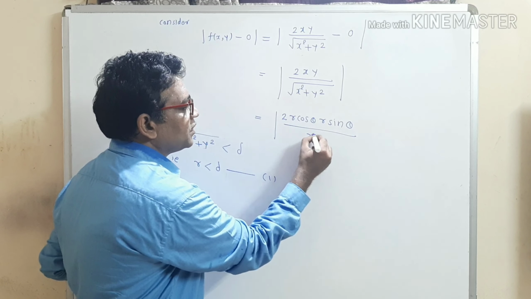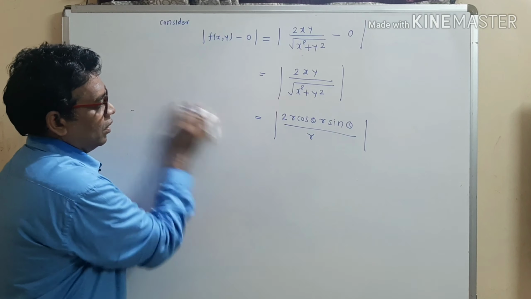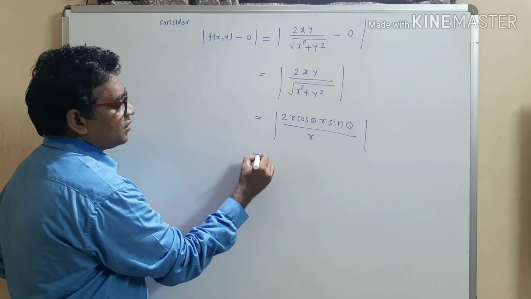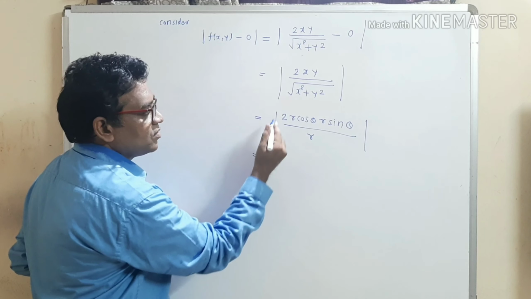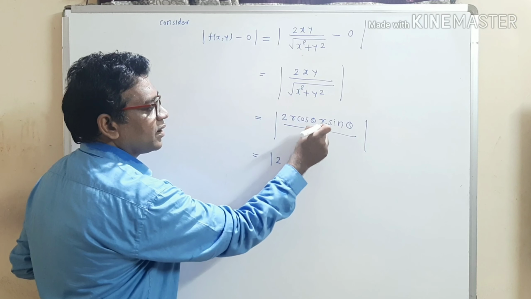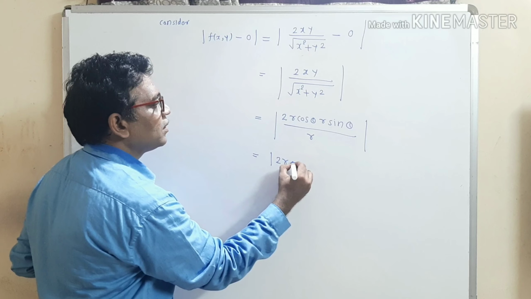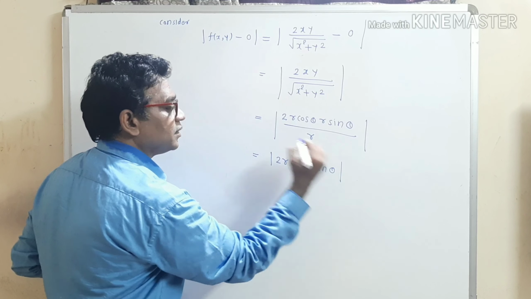So put this value, this is modulus r. So this is equal to, now this r gets cancelled. So what is the remaining term? This is modulus 2, this r gets cancelled. So what is the remaining term? r into cos theta into sin theta.